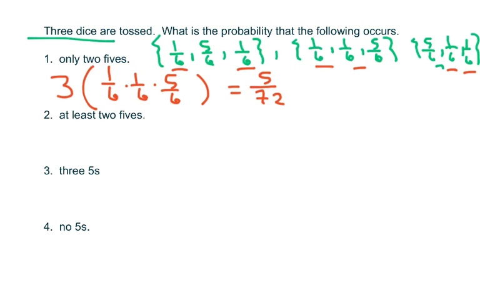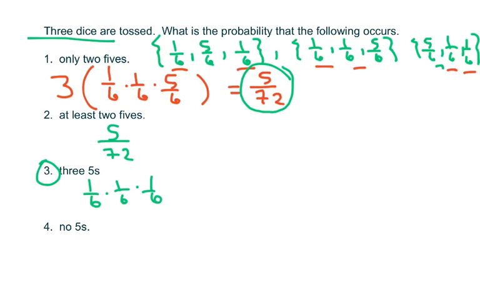All right? At least 2 5s. So basically, at least 2 5s, we already know what 2 5s are. 2 5s are 5 over 72. The other, we could get 3 5s. And let's just do this. 3 5s would be 1/6 times 1/6 times 1/6.